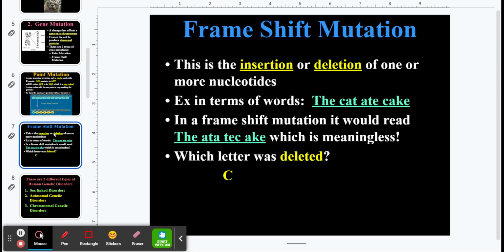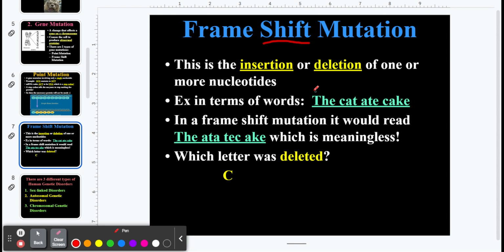Now, the other type of gene mutation is called a frame shift mutation. If we take a look at it, frame shift, think about that shift word. That means we are shifting or removing or adding some kind of nucleotide into what's already there. So here's our example. I used words in this case to make it a little clearer.